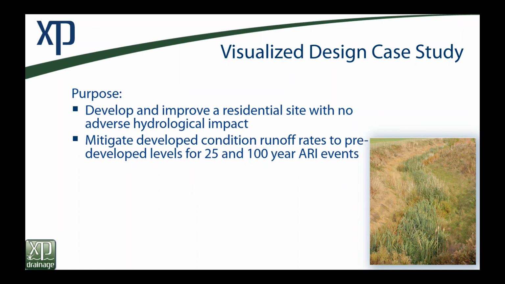So we're going to look at mitigating, as far as the drainage goes, the 25 and 100-year ARI events. If you're not from the Houston area or not from Texas, this area gets a very, very significant amount of rain. If I remember correctly, we're looking at 12 or more inches of rain for the 100-year event.